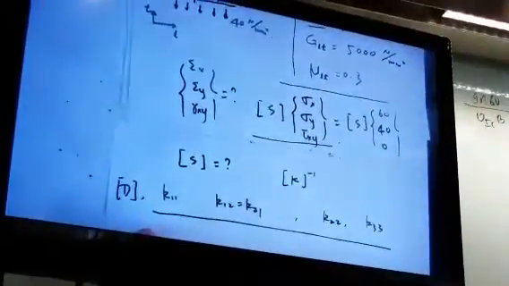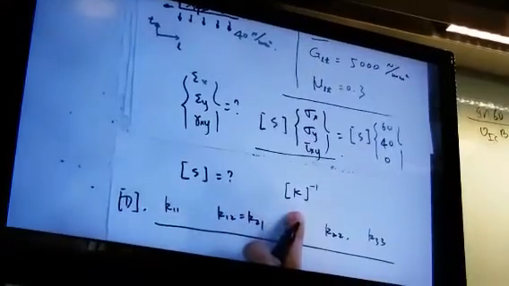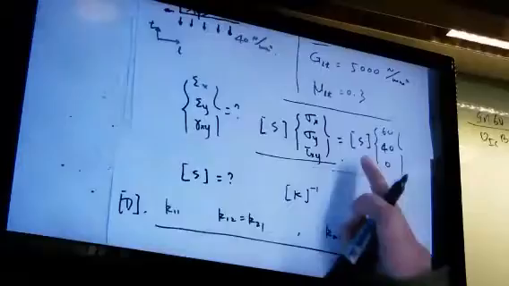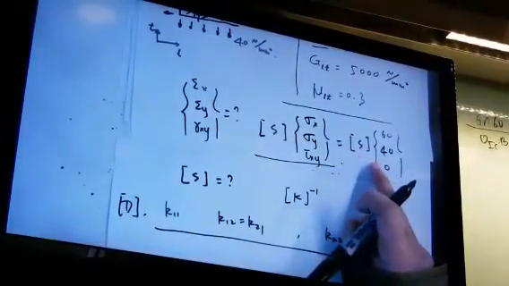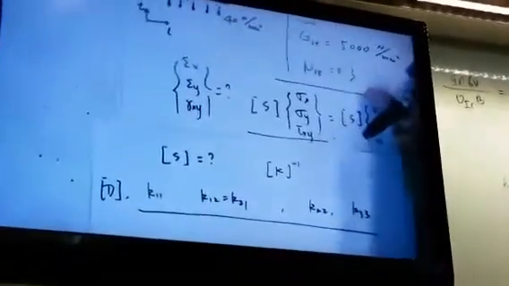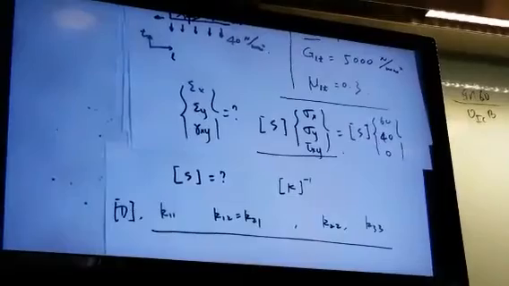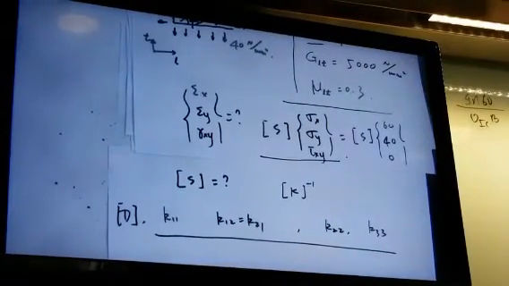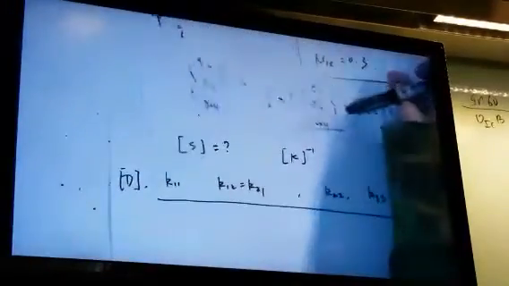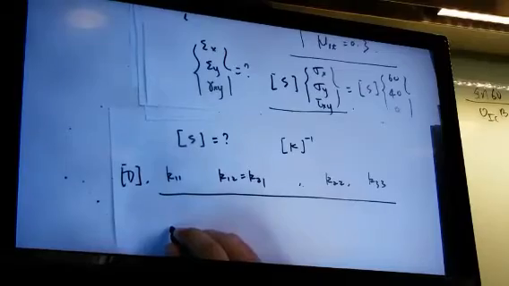When I figure out the elements in the B matrix, and use that inclined angle, I can figure out K. When I have the K matrix, I can do the inverse and figure out S. When I have the S matrix, I can use this equation to calculate strain. This is the procedure. So, I'm going to skip all of the tedious procedure and tell you what the K matrix is.